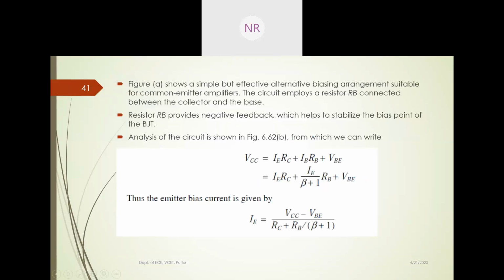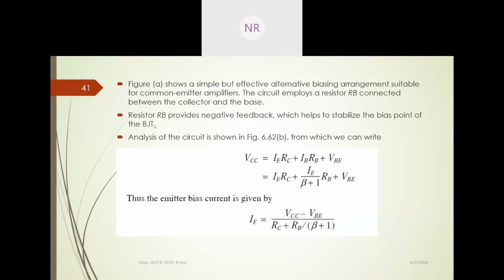Figure A shows a simple but effective alternative biasing arrangement, which is suitable for common emitter amplifiers. This circuit employs a resistor RB connected between the collector and the base. Resistor RB provides a negative feedback, which helps to stabilize the bias point of the BJT.